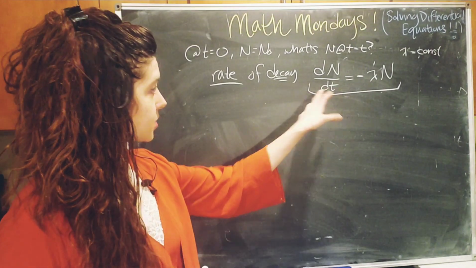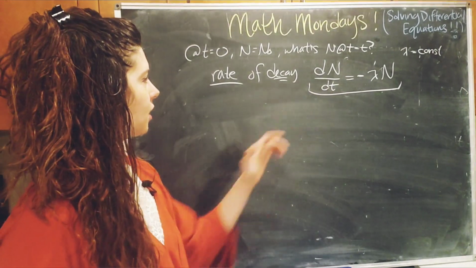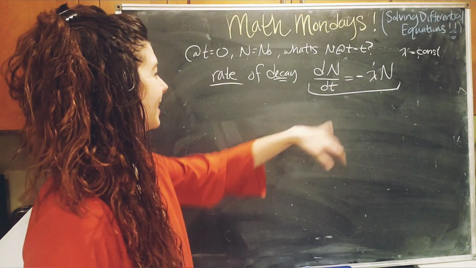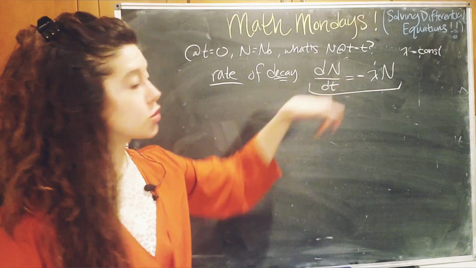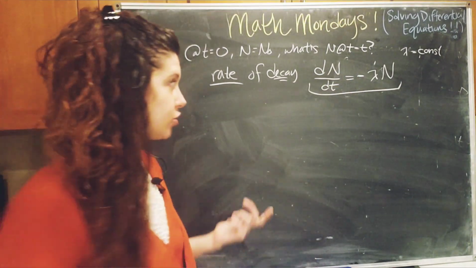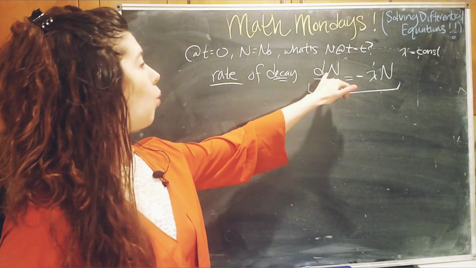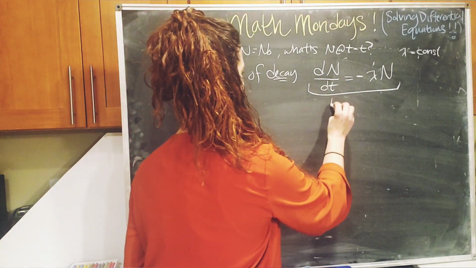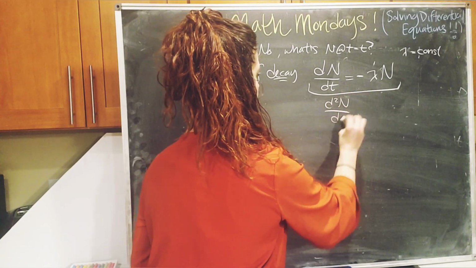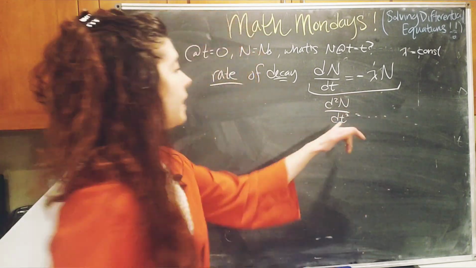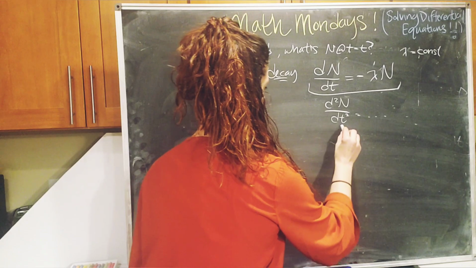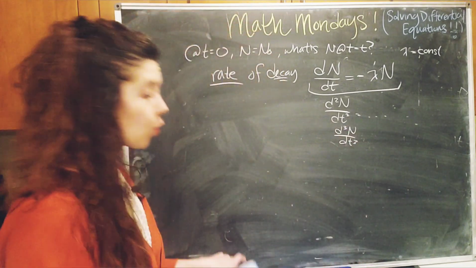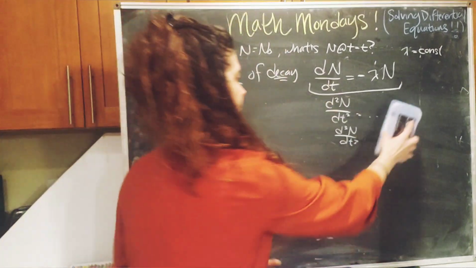A couple of words on terminology. This is a first order differential equation, which really just means we're dealing with one derivative of n, the first derivative, as opposed to a second derivative. If we had d²n/dt² equal to some stuff, this would be a second order differential equation. d³n/dt³ would be a third order differential equation, and so on.